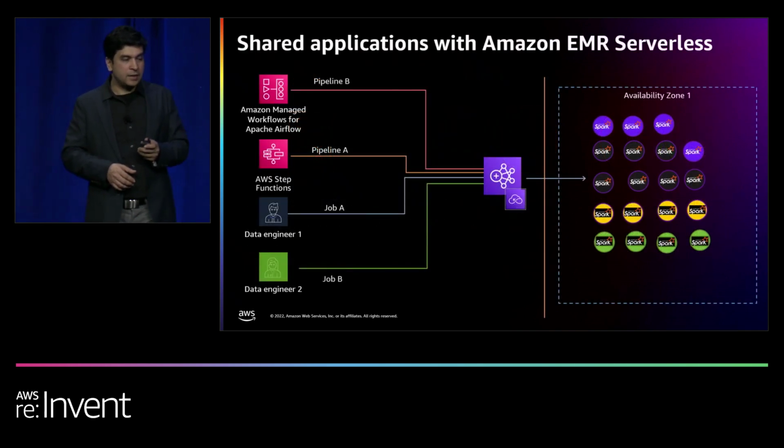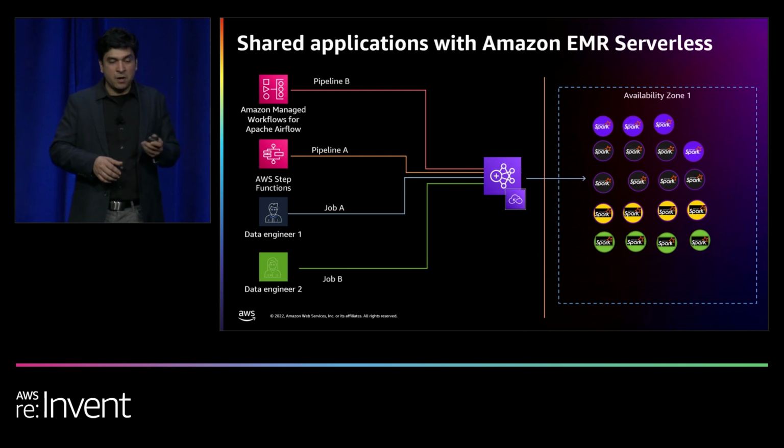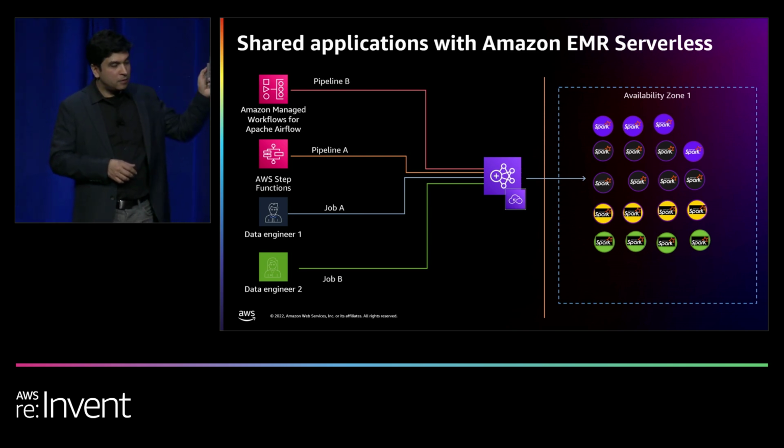So let's look at shared applications with EMR Serverless and what this means. So here is an EMR Serverless application. For simplicity, we have kept it in a single AZ, and you have multiple clients submitting jobs. Pipeline B, pipeline A. So one is, let's say, Airflow. One is maybe Step Functions. Then the third is a data engineer submitting jobs manually, and the fourth is another engineer. All these jobs are coming in.